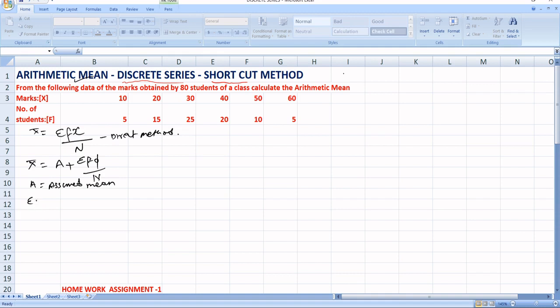Summation fd is equal to total of deviations from assumed mean, multiplied with frequency, that is important.